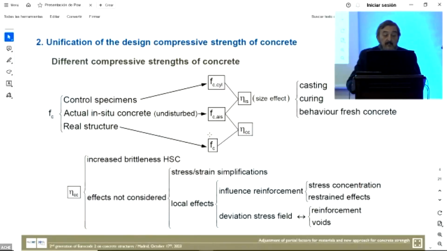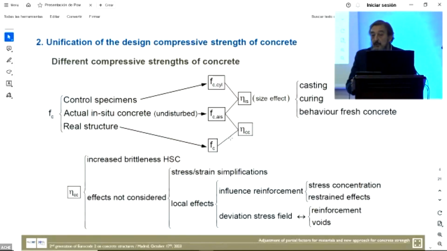And then we have the real structure with all the reinforcement and another, in this case new, coefficient to transform this strength into the real structure, the eta cc, which takes into account mainly the influence of the brittleness of high strength concrete.